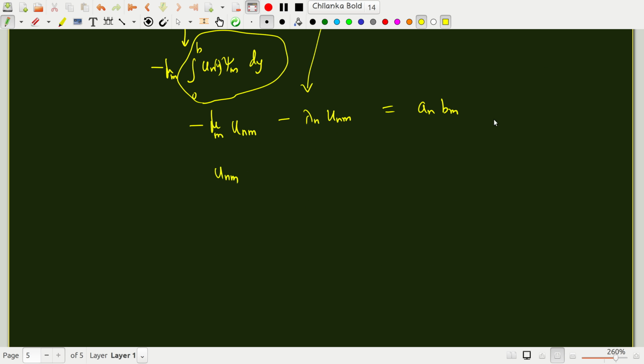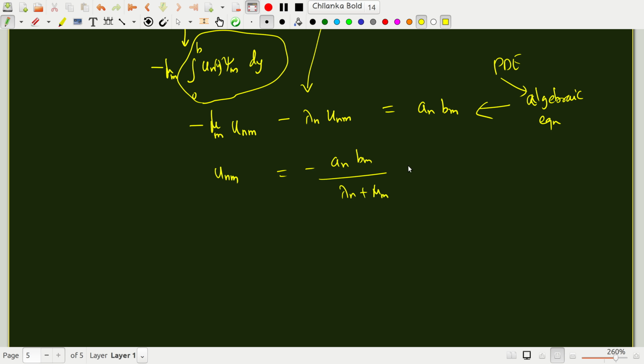It's an algebraic equation, because originally we had a PDE in x and y. After two finite Fourier transforms or eigenfunction expansions, the PDE has been converted to an algebraic equation, which is easily solved to get unm is minus an bm by lambda n plus mu m.